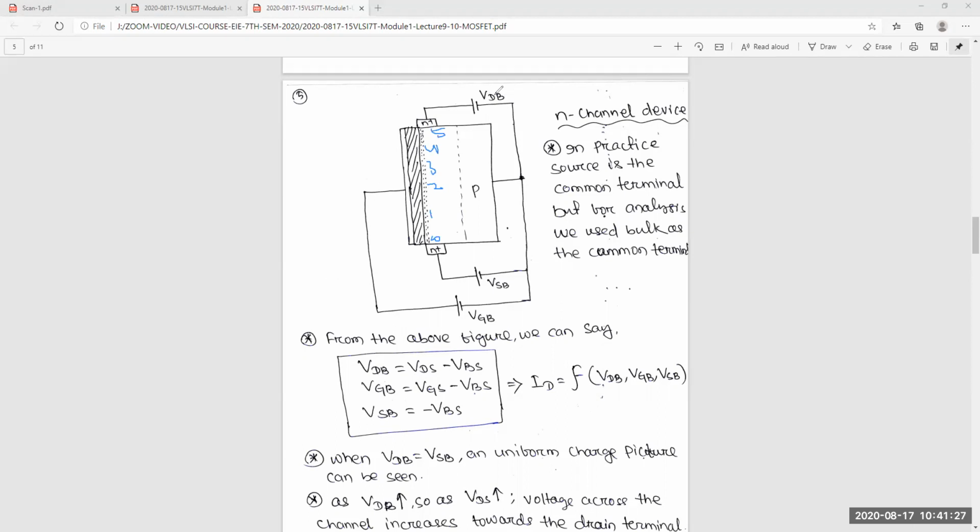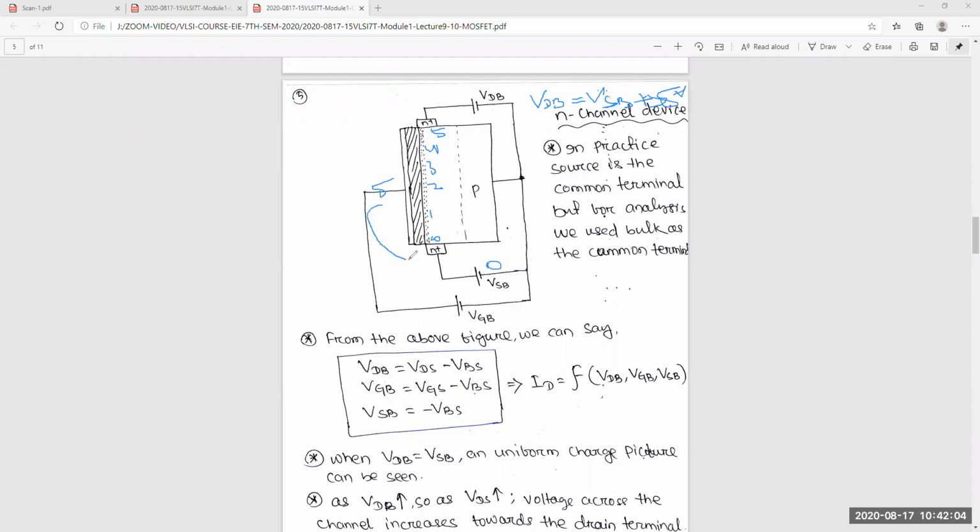That means we are giving VDB equal to VSB plus 5 volt. So at this point VDB is 0 volt, at this point 1 volt, 2 volt, 3 volt, like that up to 5 volt. Now suppose VG is also 5 volt, and let VSB be equal to 0 volt.